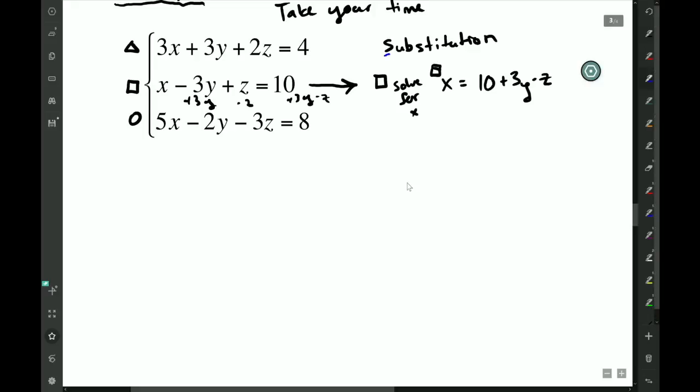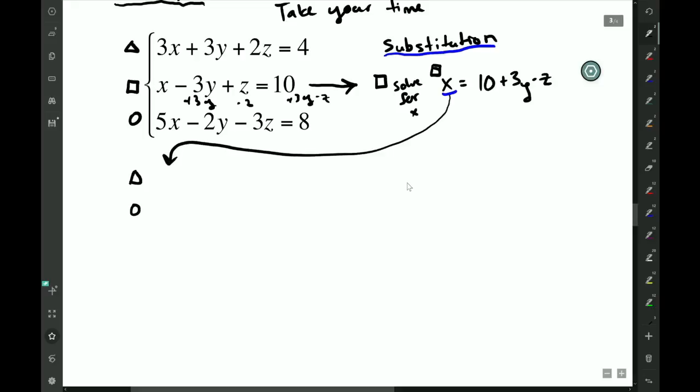Well, it's called substitution because now in the other 2 equations, so in triangle and circle, I can substitute the x. So this is going to be triangle now with our new and improved x. I'm just going to be substituting that big ugly chunk into both of those.